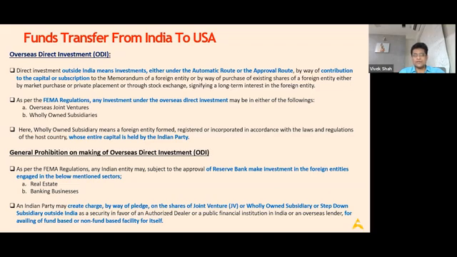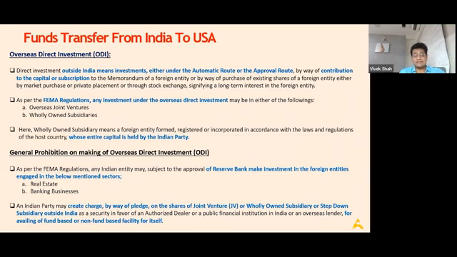Whenever you are buying LLC interest or maybe INC shares, then you have to go through the FEMA regulation, the ODI process. For an individual, we all know there is the LRS scheme in the FEMA regulation.